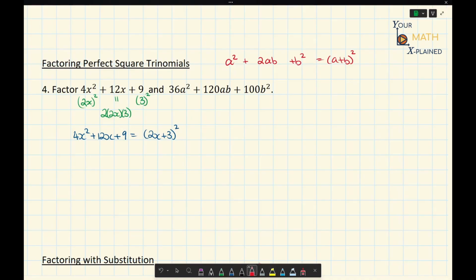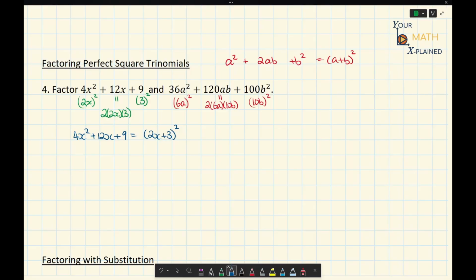Now, same thing for the next one. We have 36 times a squared, so this is 6a all squared. And 100b squared is 10b all squared. So now we check the middle term. Is it equal to 2 times 6a times 10b? And when we multiply that out, it is equal to 120ab.